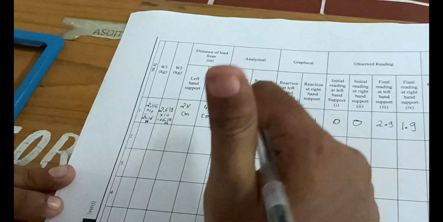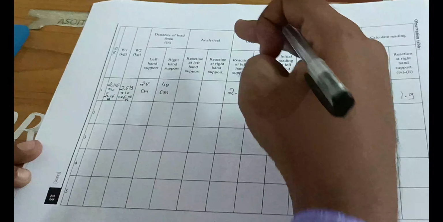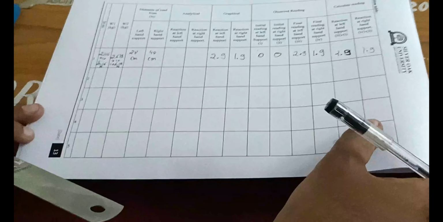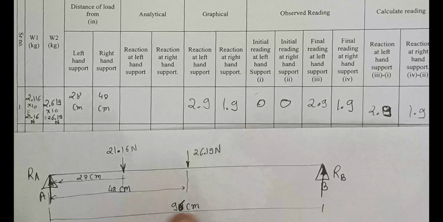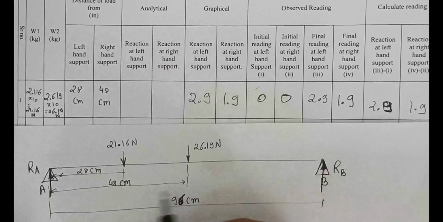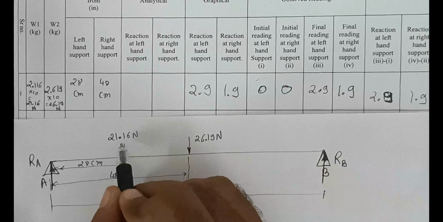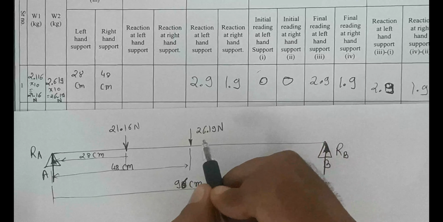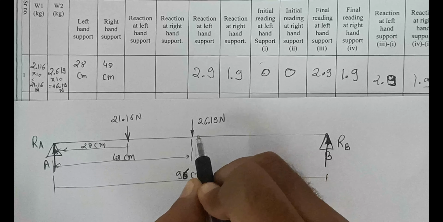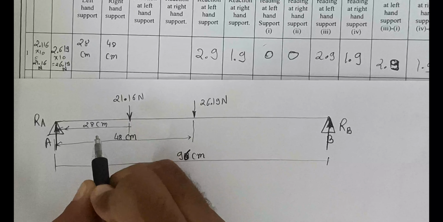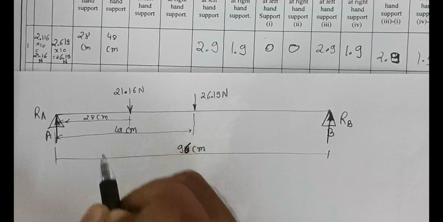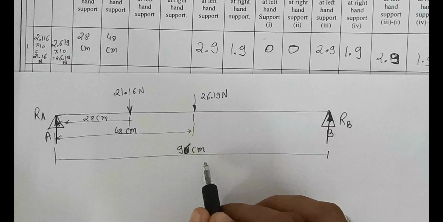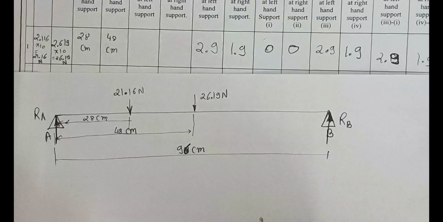Now we will calculate the analytical result and compare it with the graphical result. In the practical, I have graphically represented 21.16 Newton as W1 and 26.19 Newton as W2, acting at 28 centimeter and 48 centimeter respectively, and the length of the beam is 96 centimeter, as shown on the beam.